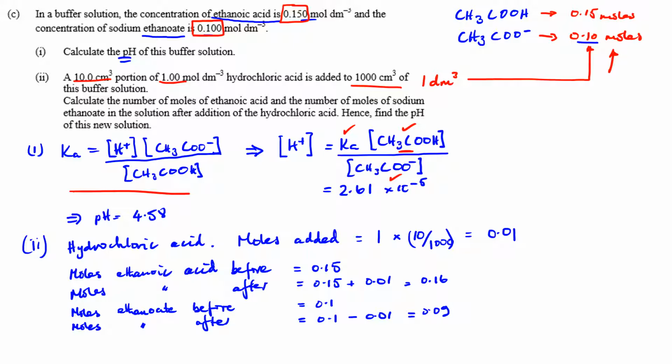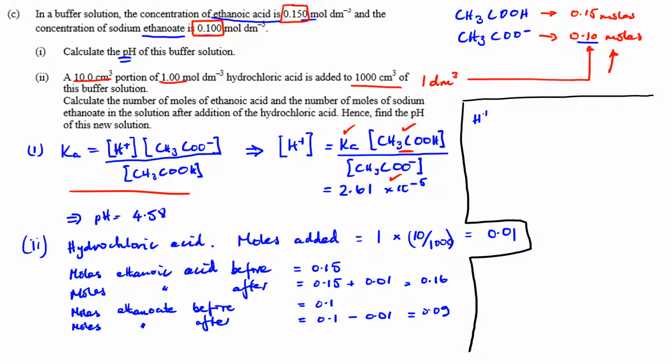Now we can go back to our expression for Ka. But first let me just make some space. Use this space here rather than move on to another slide. Okay, so we're going to go back to our expression for Ka, and remember we rearranged that to give ourselves our expression for our hydrogen ion concentration, and that was Ka times concentration of CH3COOH over our ethanoate ion concentration.